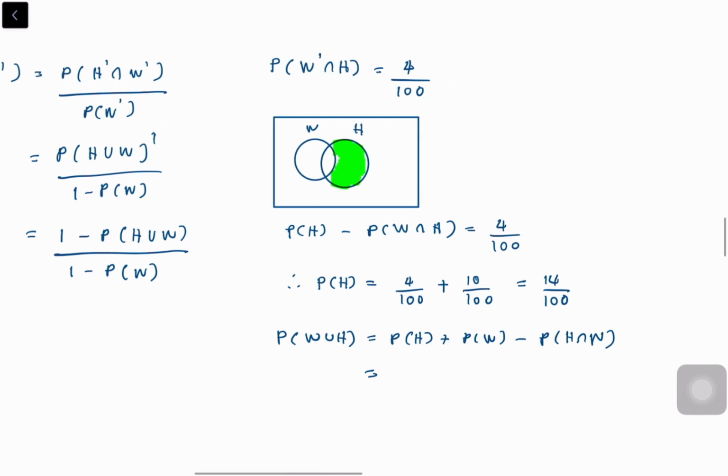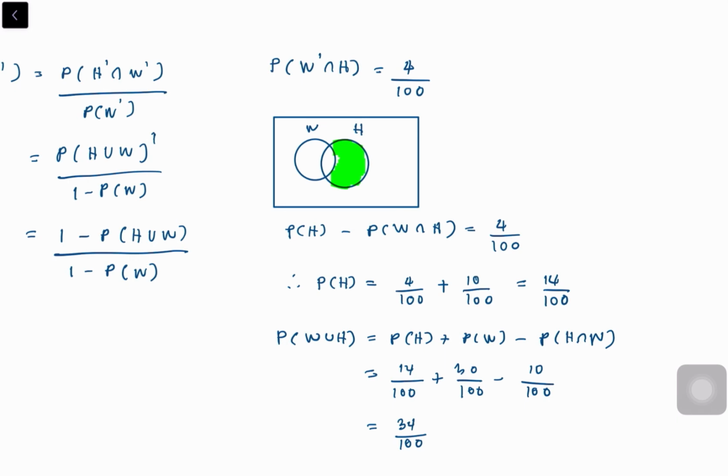So this is 14/100 plus 30/100 minus 10/100, which is 34/100.